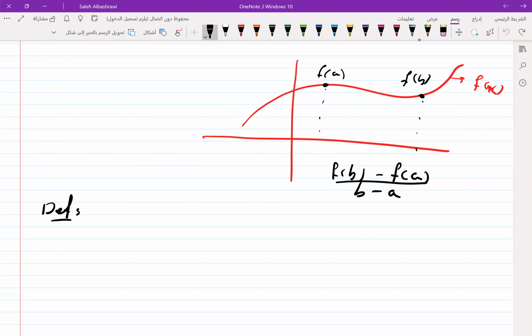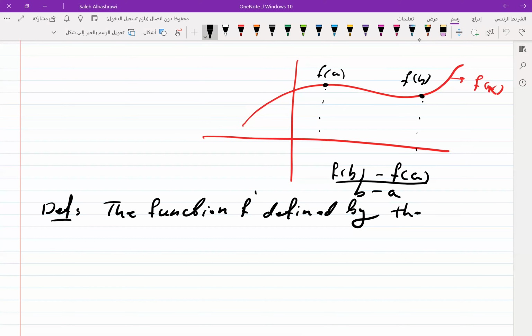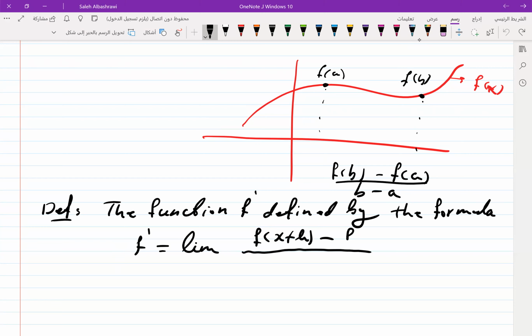we say that the function f prime defined by the formula f prime equal to the limit of f of x plus h minus f of x divided by h, where h goes to 0.